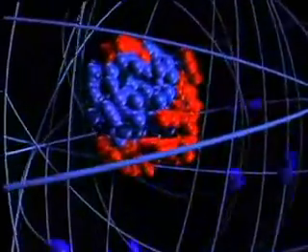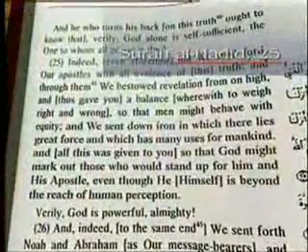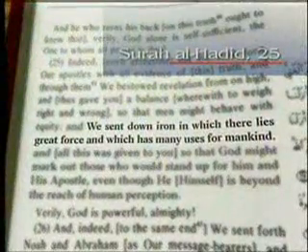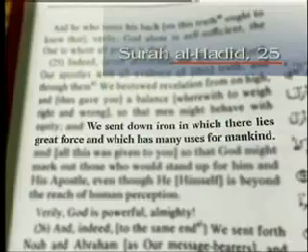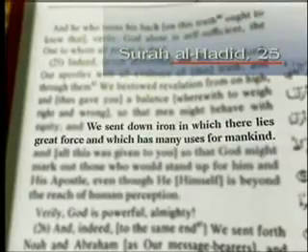Iron is one of the elements highlighted in the Quran. In Surah Al-Hadid, meaning iron, we are informed, "And we sent down iron, in which there lies great force, and which has many uses for mankind."